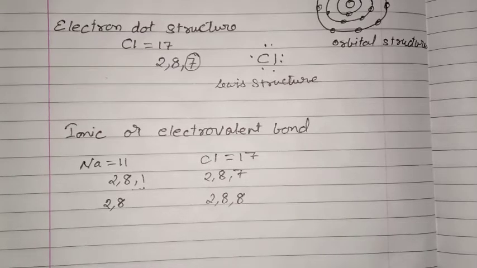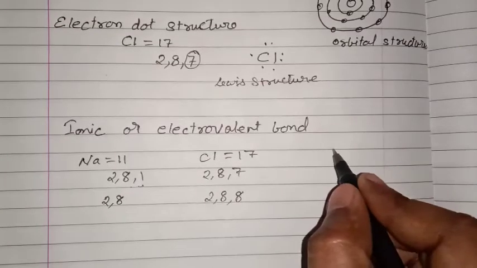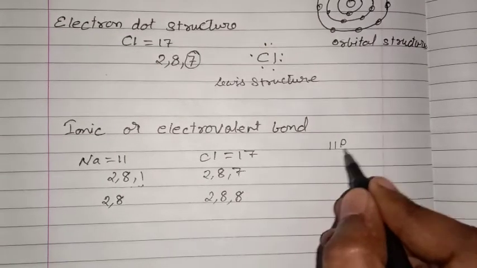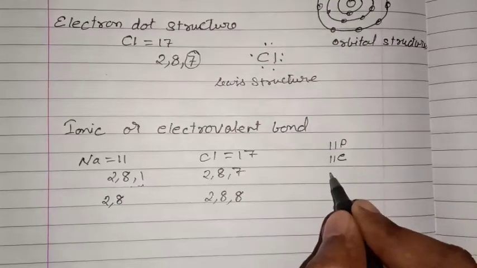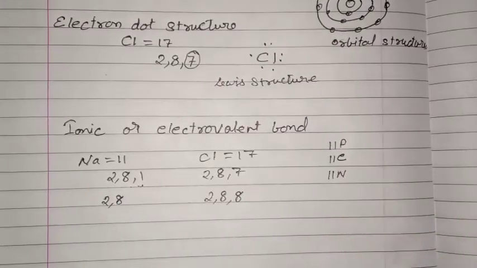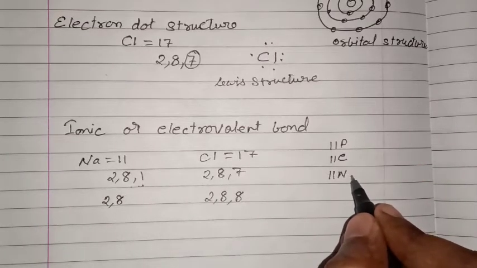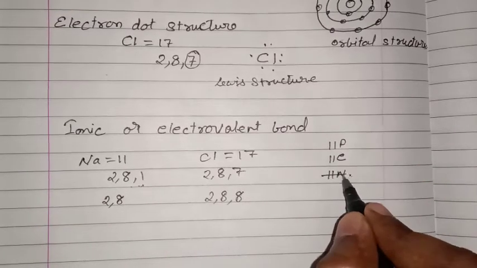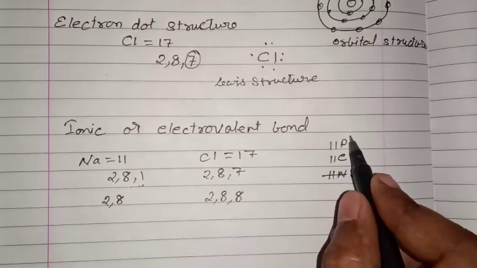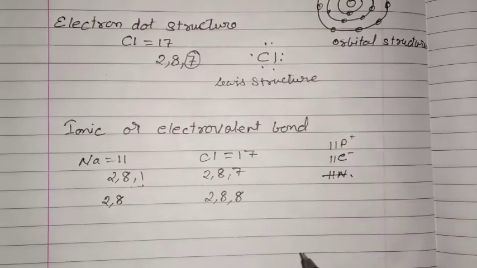Now look here. Sodium has 11 protons, 11 electrons and 11 neutrons. We know that a neutron has no charge, so it has no effect, but the proton is positive and the electron is negative.